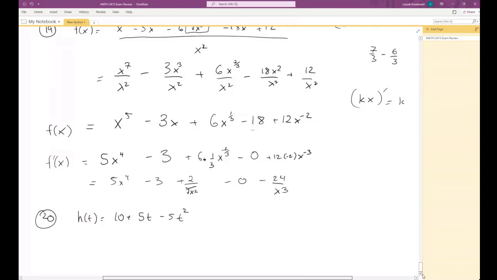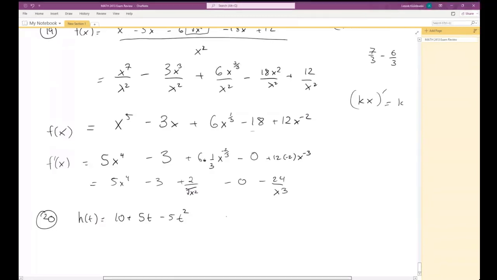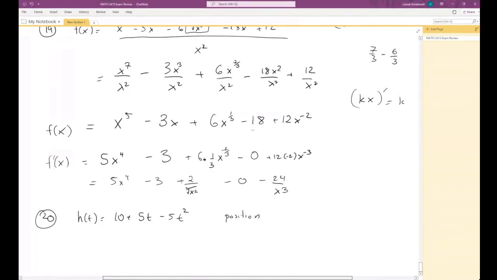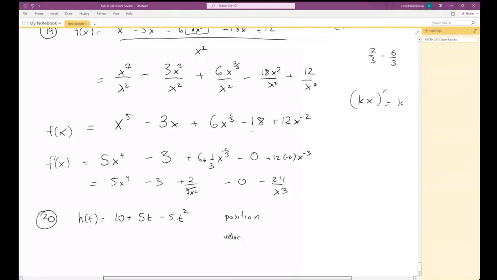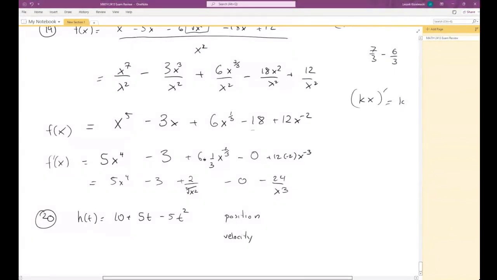All right, so here's the height of some object at time t. So this is the vertical position, or height, as a function of time t. Okay, so this is position. And so if they ask you about velocity, what do you have to do? What is velocity? The derivative of the position. Yeah.